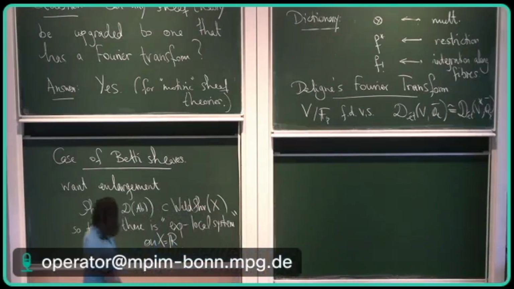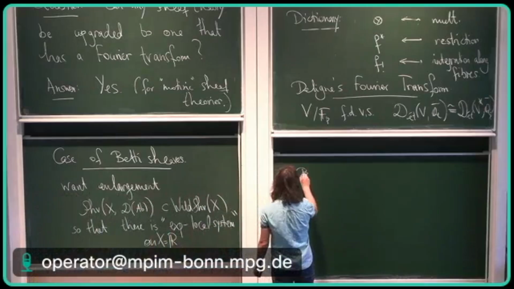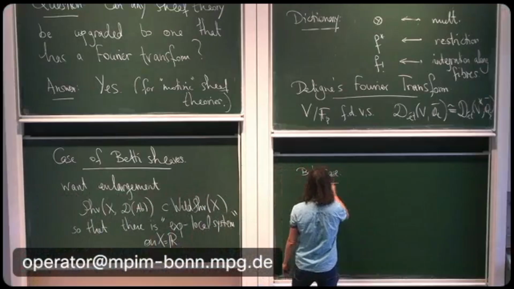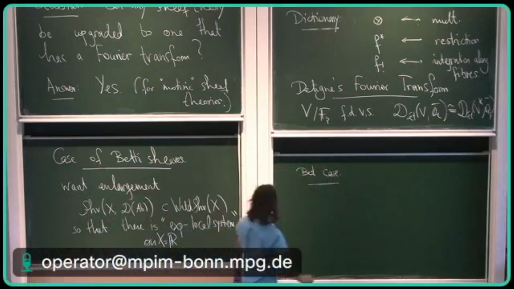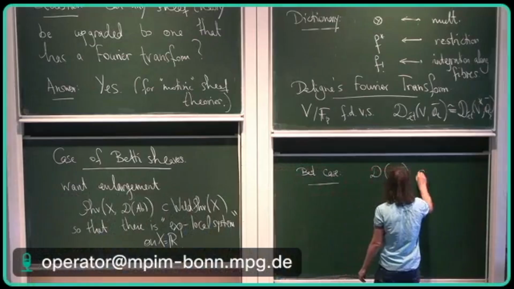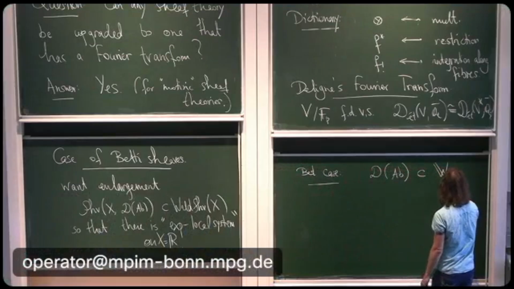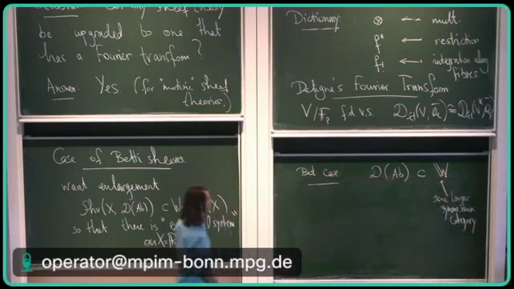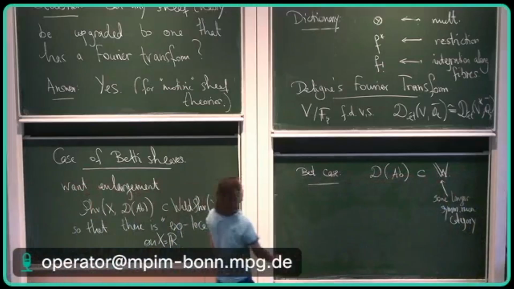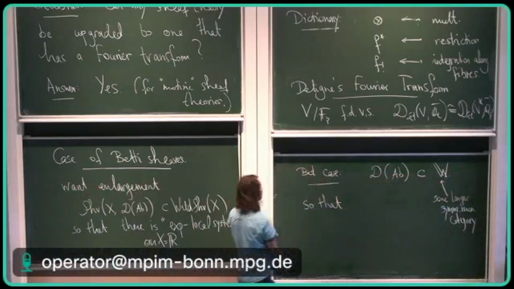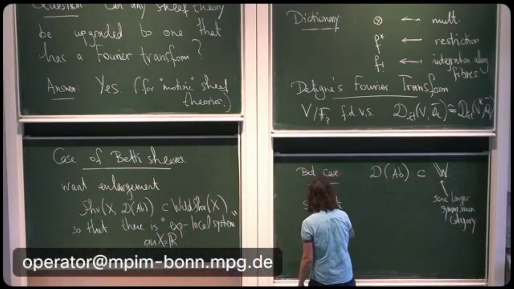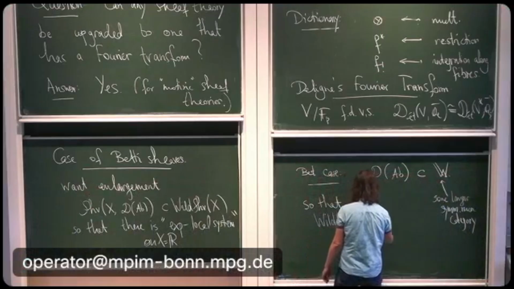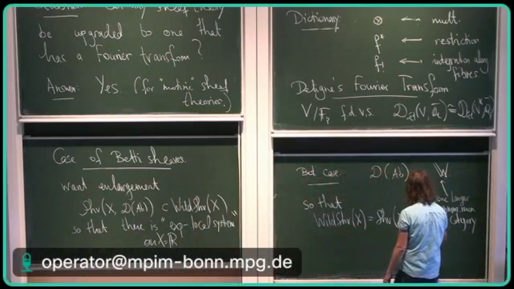And the best case, and this will actually turn out to be true, is that we have some enlargement of the category of Abelian groups into some larger symmetric monoidal category of coefficient objects, W for wild, so that wild sheaves on X are really just sheaves on X with coefficients in this bigger category.